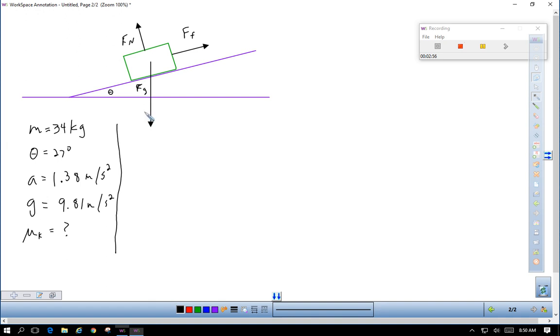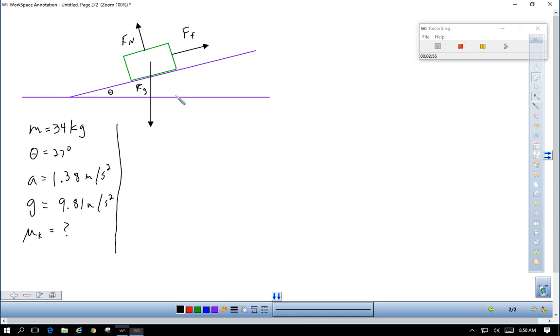And now the real question that students want to ask is, where is the applied force? Well, in this case, there's no external applied force. There's no worker, no dog or little gnome pulling on the box. There's just going to be gravity. So gravity is what we're going to be counting on to move the box.